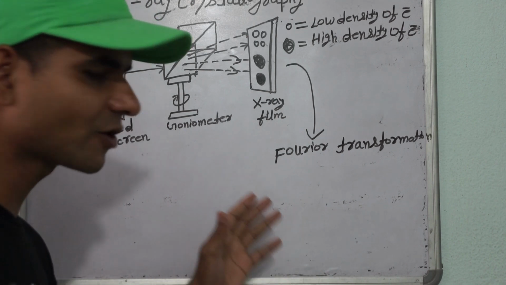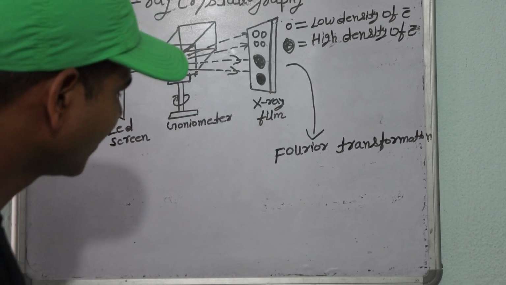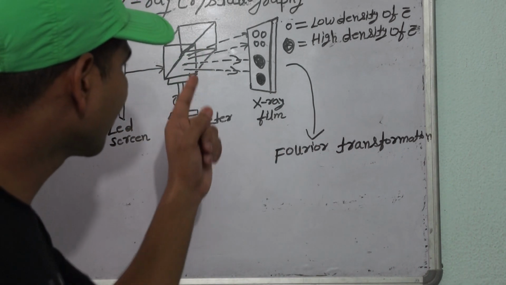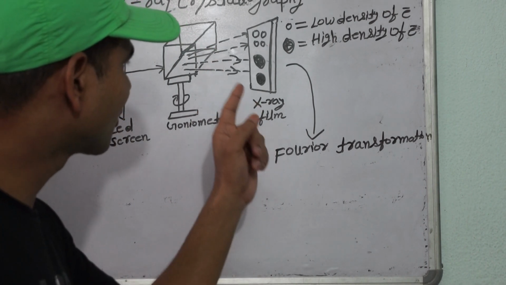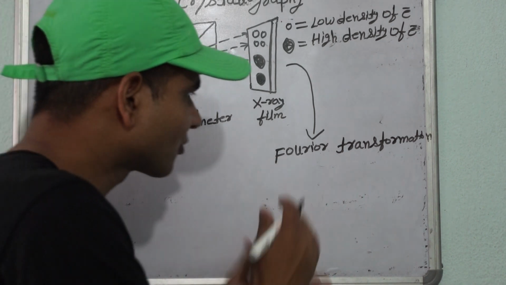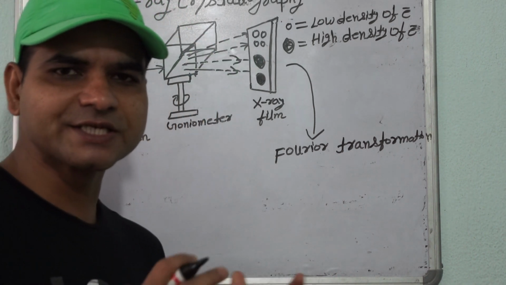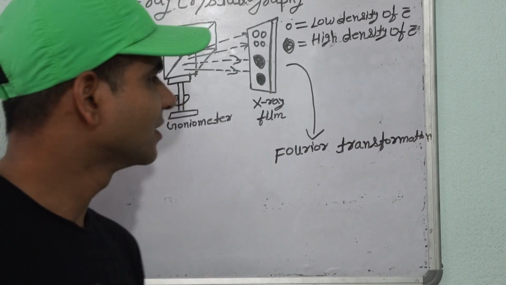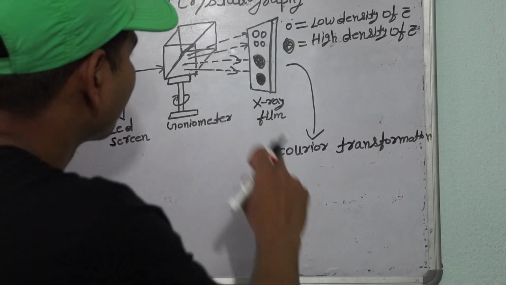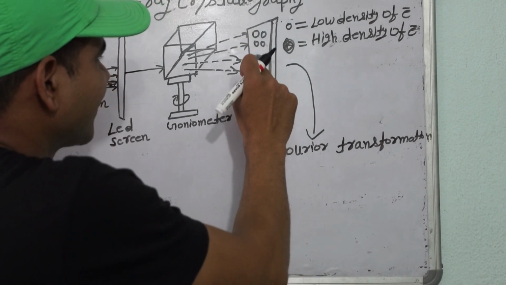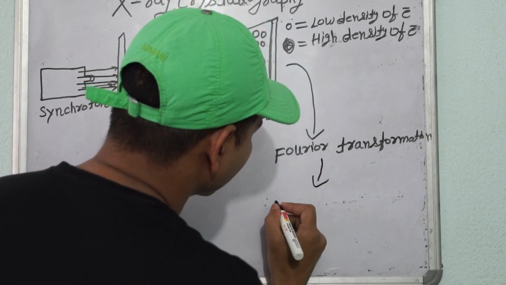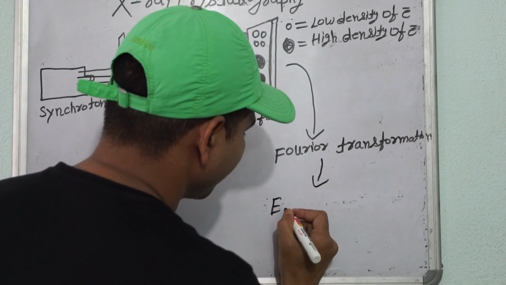It creates an electron density map using different angles of diffraction and position of light and dark spots. So here, the electron density map will be created.